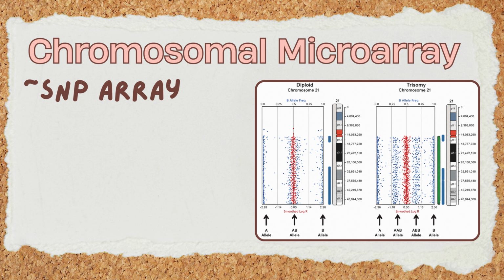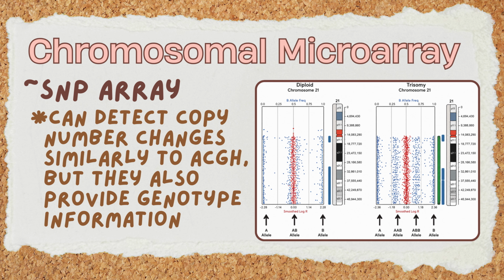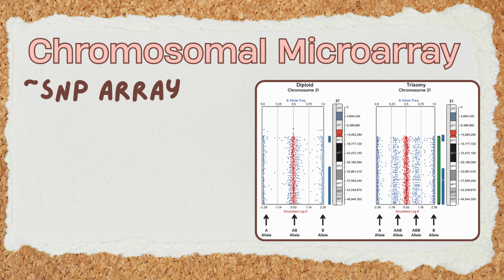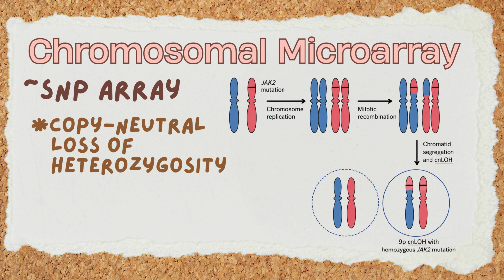Next is SNP array technology. SNP arrays can detect copy number changes similarly to aCGH, but they also provide genotype information. And this allows them to detect something extremely important: copy-neutral loss of heterozygosity.